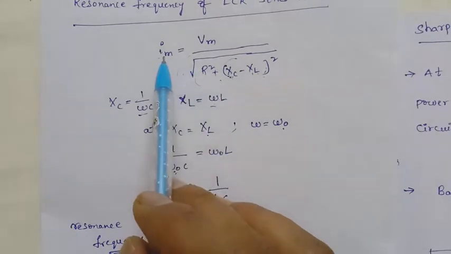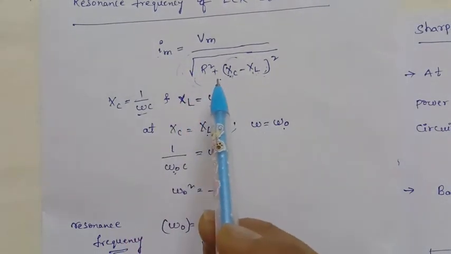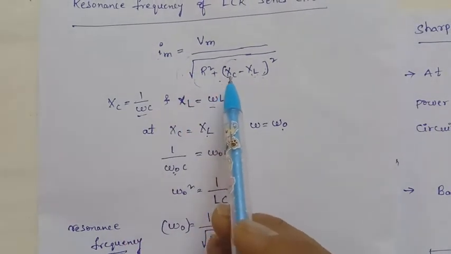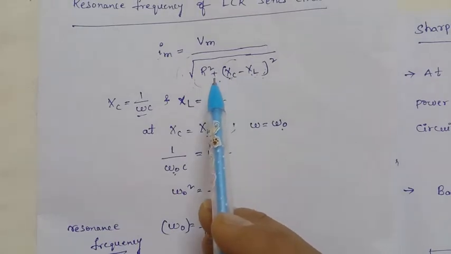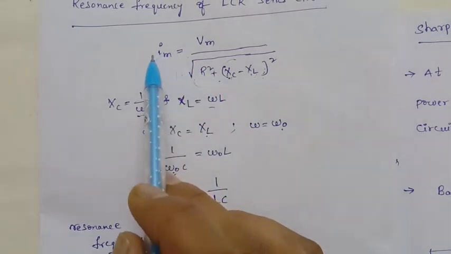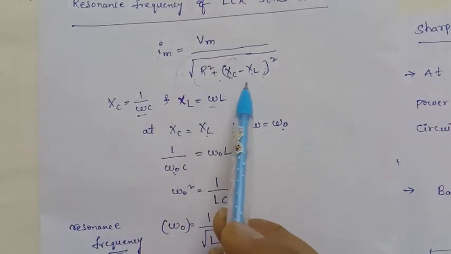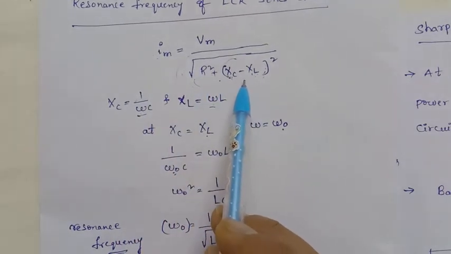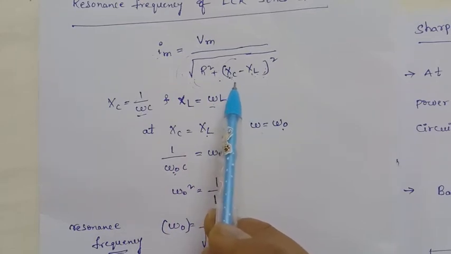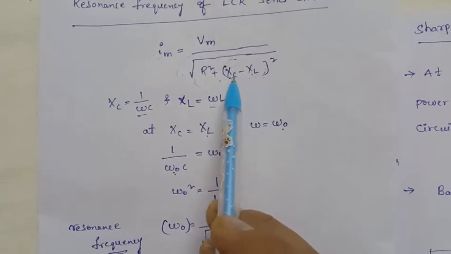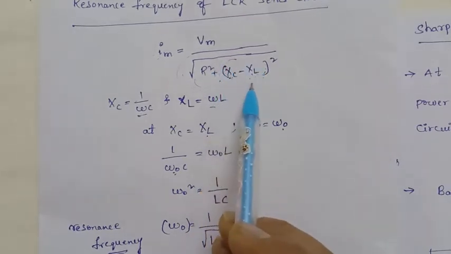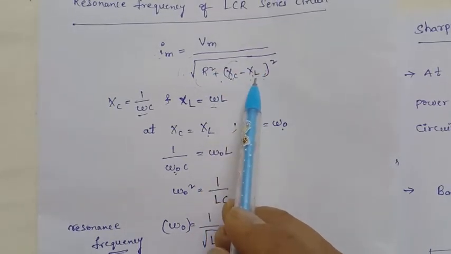Another definition of resonance: the frequency at which the current is maximum, or the impedance is minimum, is called the resonance frequency. Impedance minimum means this term goes to 0, Xc is equal to XL.